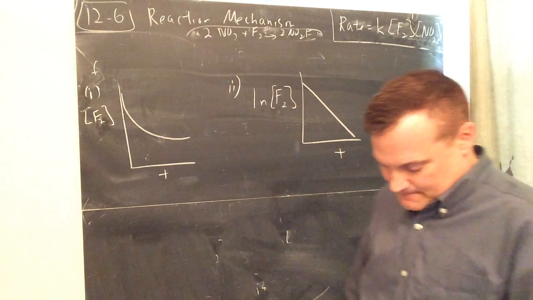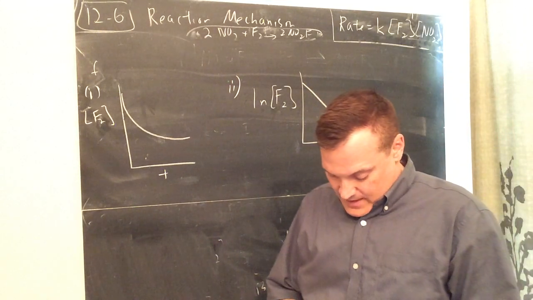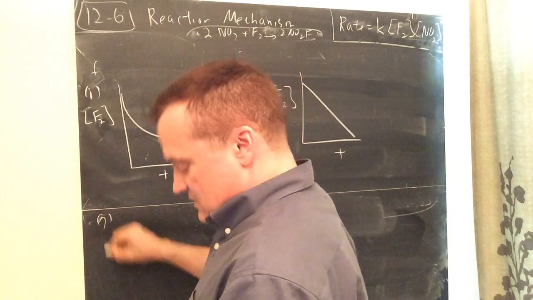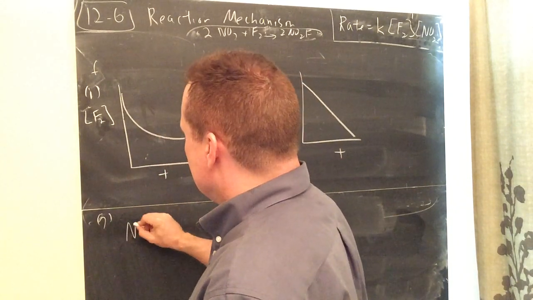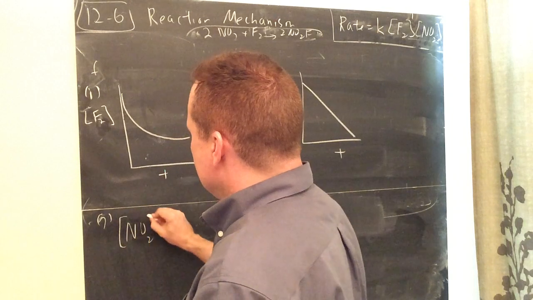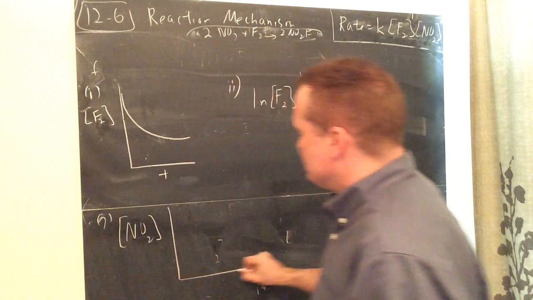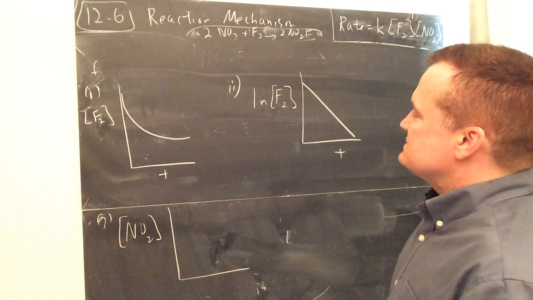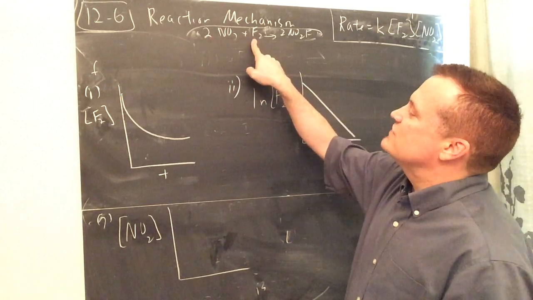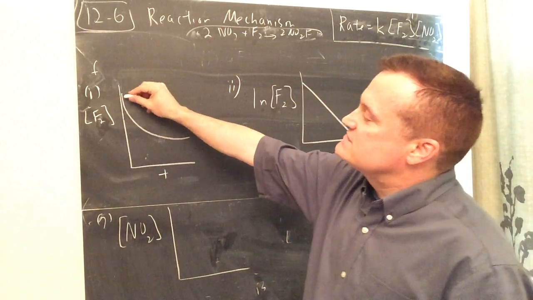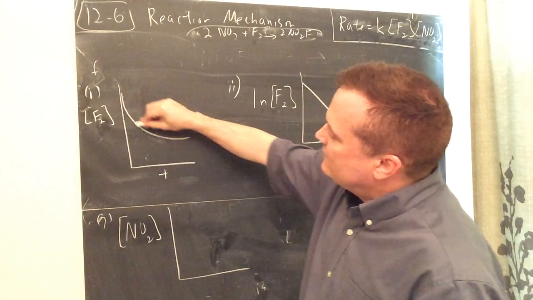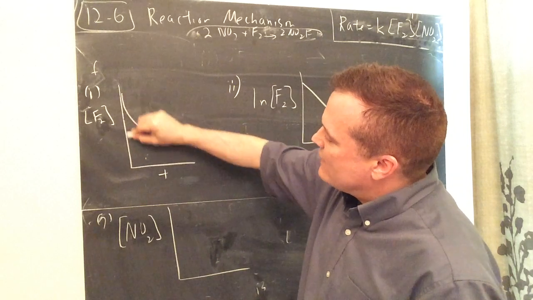You've seen that. All right. Then it says for part G, sketch a graph to confirm NO2. For NO2, it's the same thing. It's a reactant, so you expect it to go down as time goes by. Since it's a 2-to-1 ratio, if they had you sketch them on the same graph, whatever fluorine goes down, NO2 should go down double that.